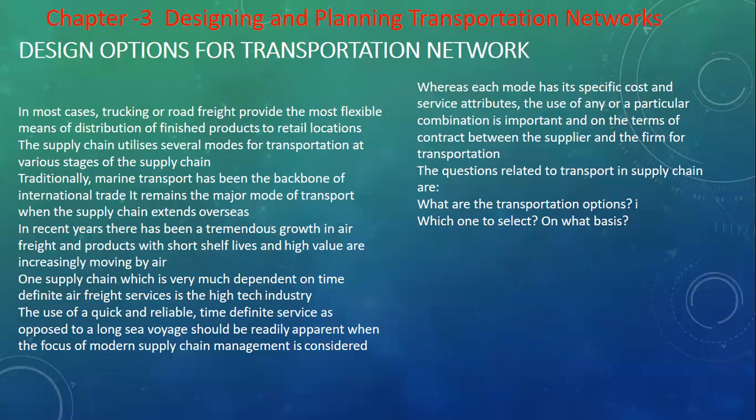designing of transport. Okay. Now time-definite service as opposed to long sea voyage should be readily apparent when the modern supply chain is considered. Okay, and each mode has specified cost, service, and attributes. The use of any particular combination is important in terms of the contract between supplier and firm transportation.